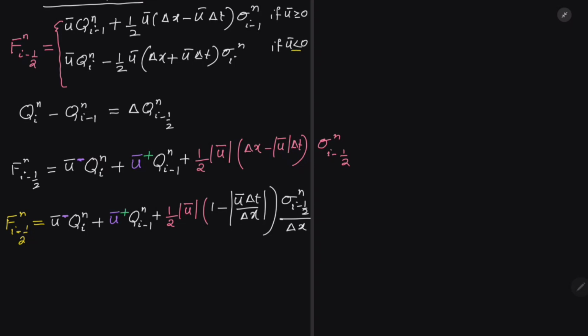We already saw that, or maybe I just have to replace this with delta Qn I minus 1/2.